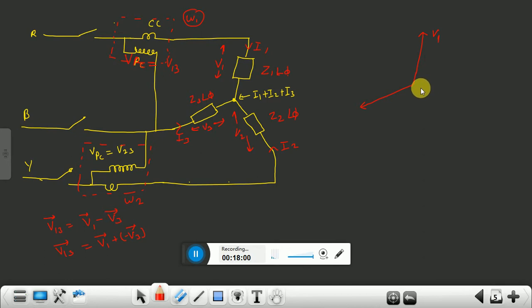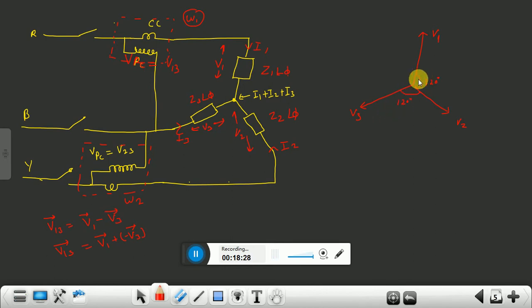So this is V1, this one is V2 and this is your V3. The angle between V1 and V2 is 120 degrees, and the angle between V2 and V3 is again 120 degrees.